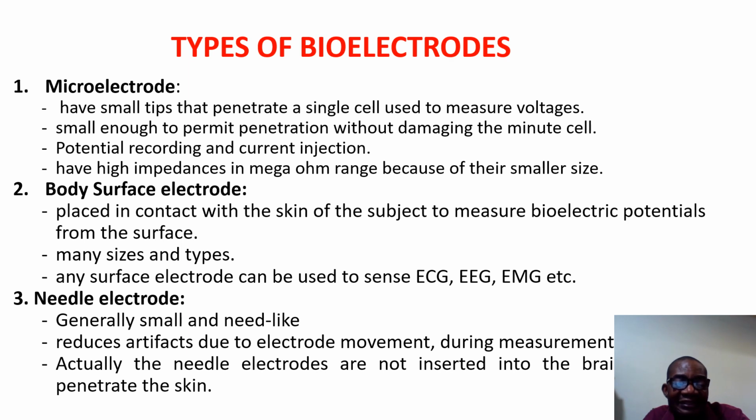The third type of bioelectrodes is needle electrode. Needle electrodes are generally small and needle-like in size. So their size is like the size of a needle. That is why we call them needle electrode.